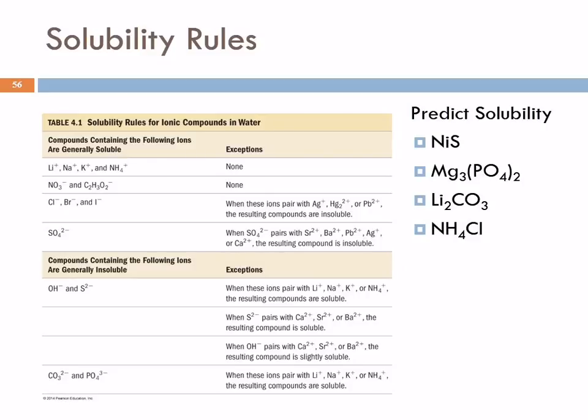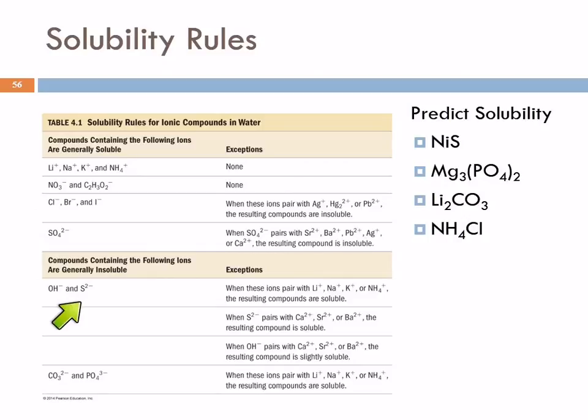So let's do some examples here and predict the solubility of nickel sulfide. So we go over here to the table, and we're going to look for those two ions. We're looking for nickel and sulfide. No, no, no, no. Oh, here's sulfide.